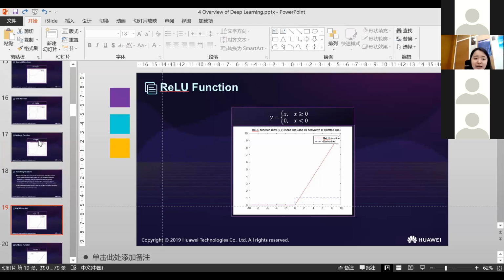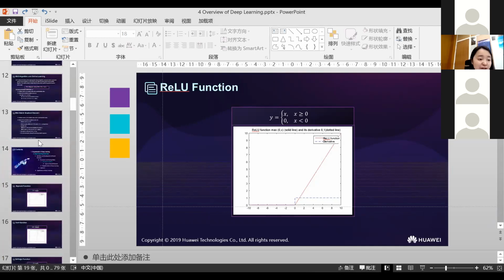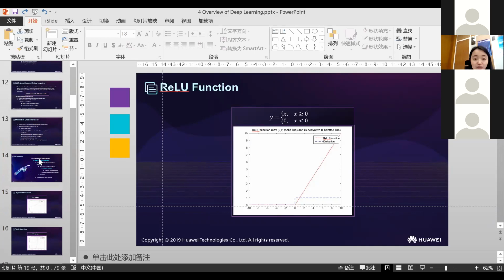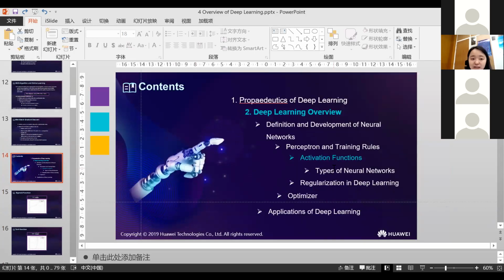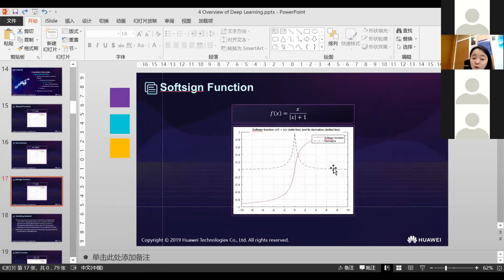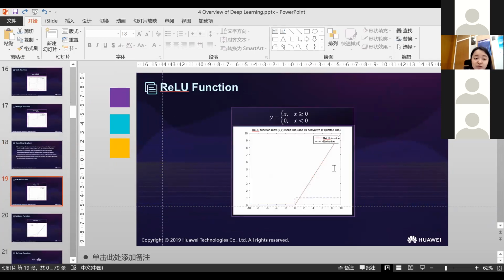Okay, because in neural networks, after every weighted sum calculation, we use an activation function. So usually the activation function is a must for deep neural networks. For almost every deep learning model, we will use an activation function, and you have to choose whether you want to use sigmoid, tanh, softsign or ReLU.